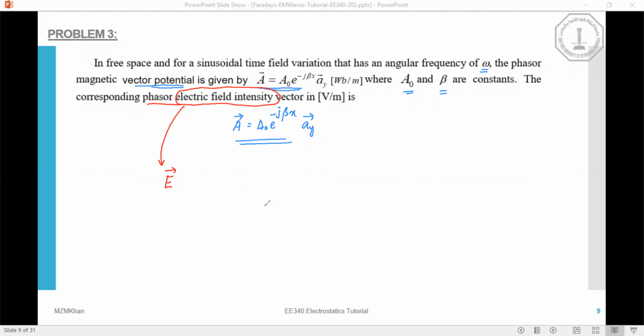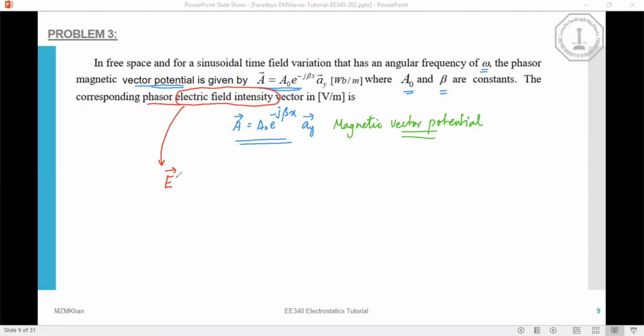So how are we going to proceed? What will be the approach? Any tips? Because magnetic vector potential is given to us, how should we think?